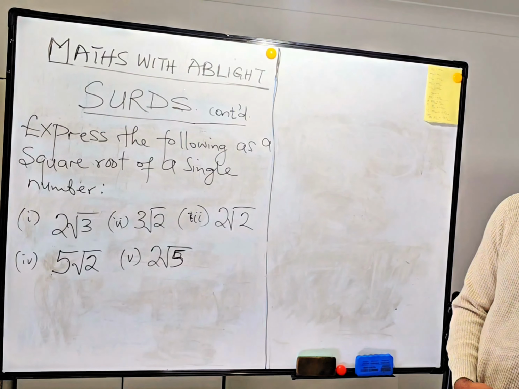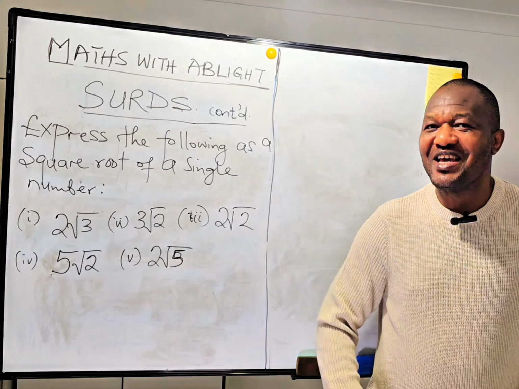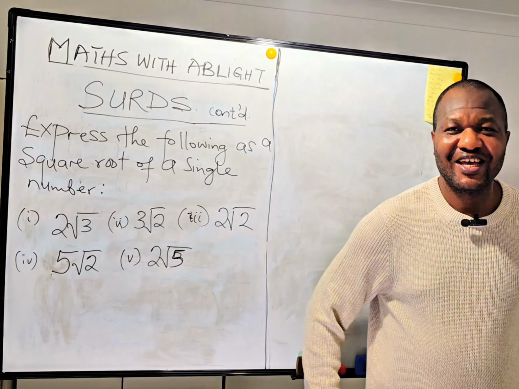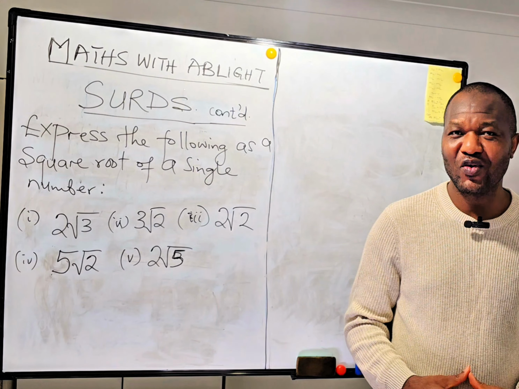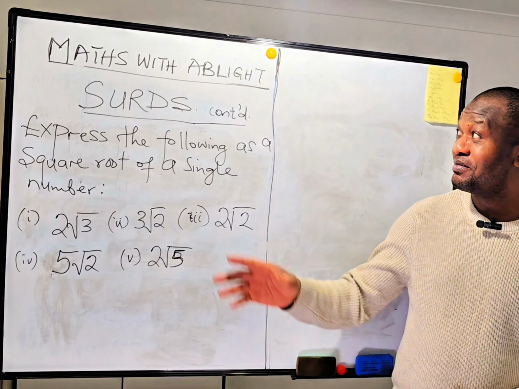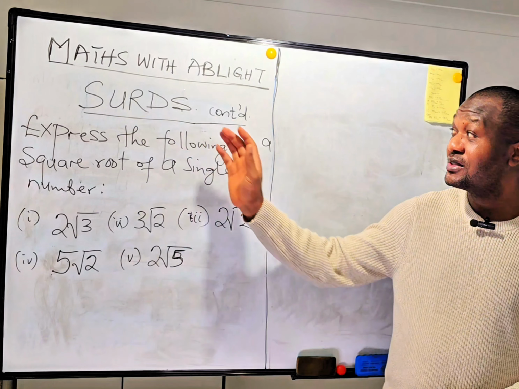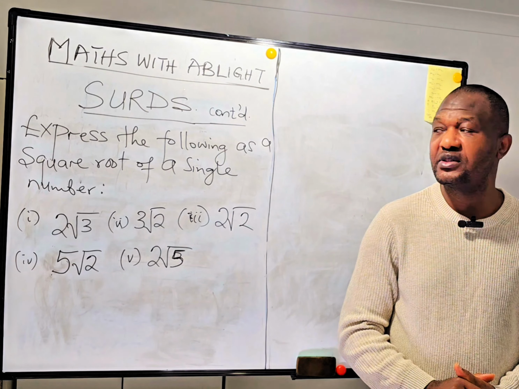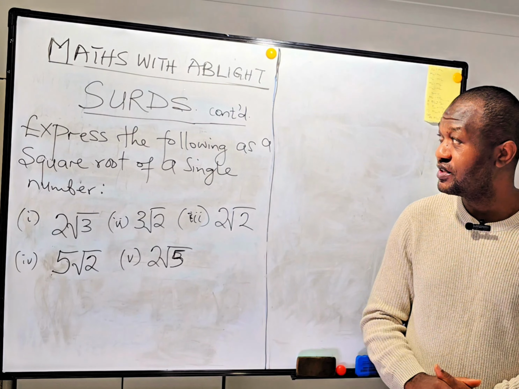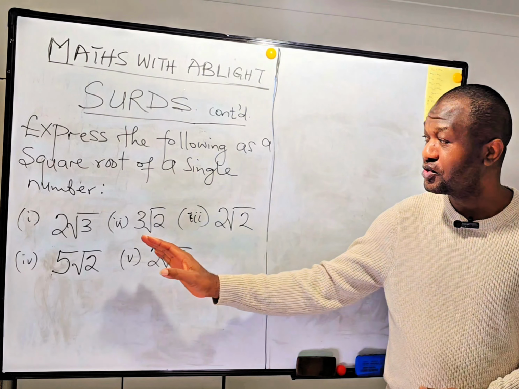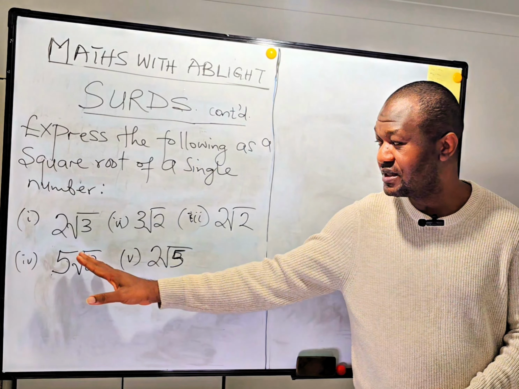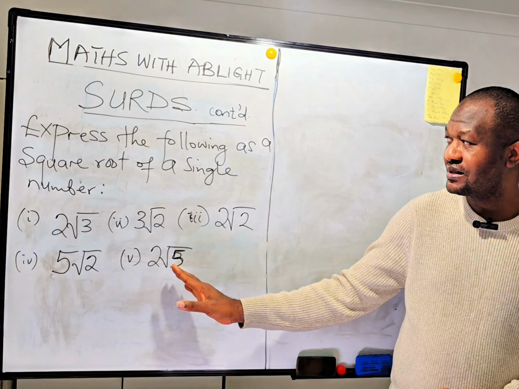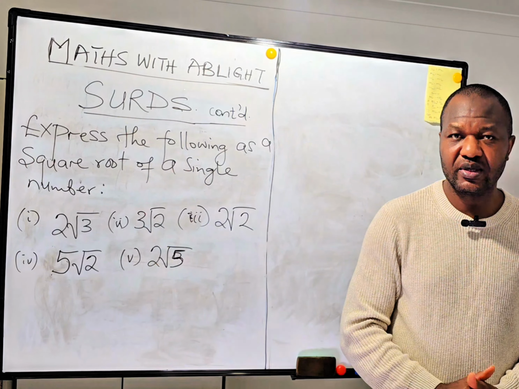Good morning, class, and welcome to yet another interesting edition of SURDS, Maths with Ablight. So we are continuing SURDS as I told you in the previous video. Now we want to express these numbers as a square root of a single number.